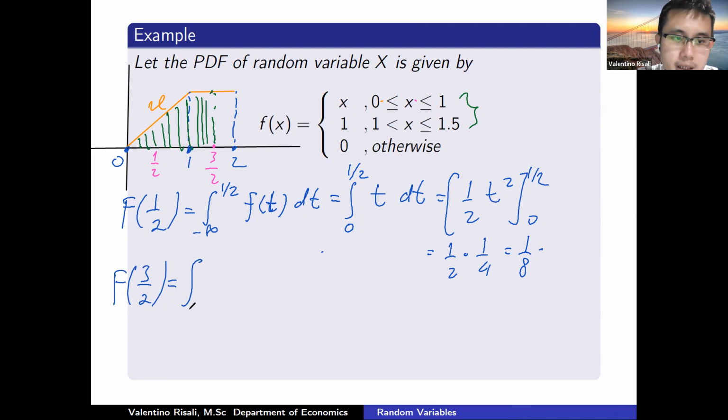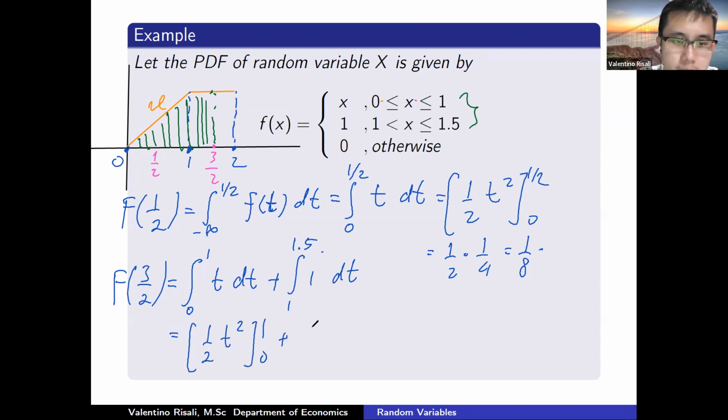That is the integral from 0 to 1 of t dt plus the integral from 1 to 1.5 of 1 dt. So it is equal to this, and it is equal to this. Now you can finish the computation by yourself.